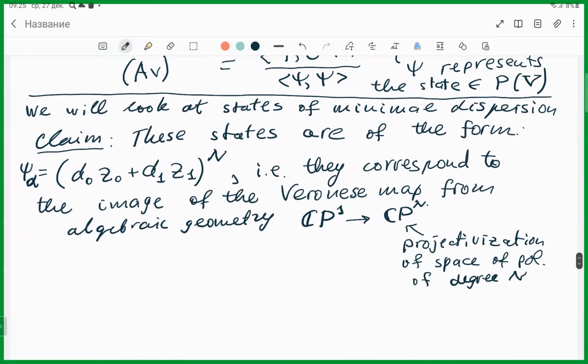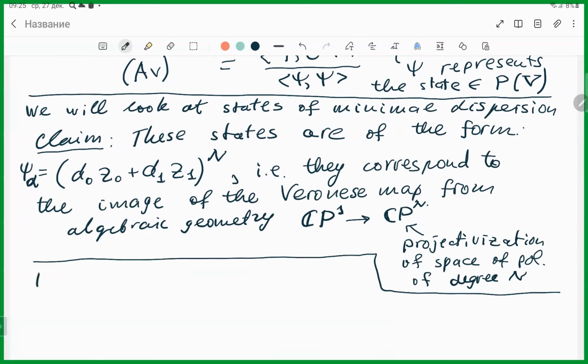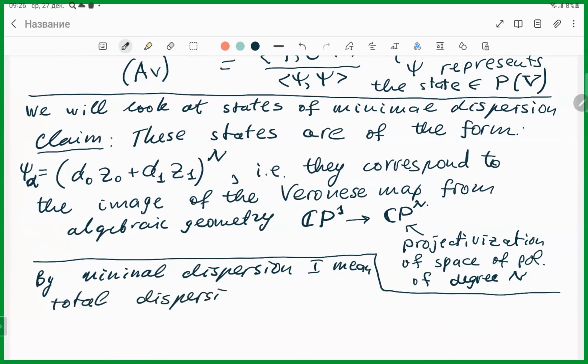So when I mean minimal dispersion, I mean the total dispersion of three observables, T1, T2, T3.